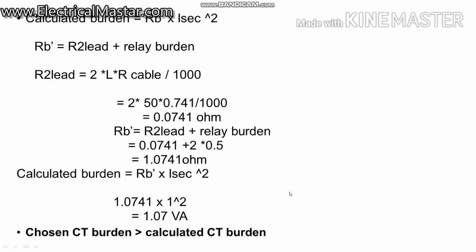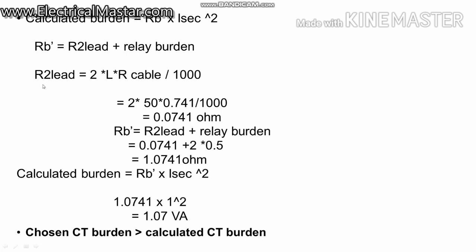So now we will see the formula for how we can calculate the burden. Burden value equals RB dash into I secondary square. RB dash means the calculated burden value, and I secondary means the CT secondary current. RB dash also has a separate formula: R2 lead plus R relay burden. R2 lead means the cable we are connecting, which we need to calculate with a separate formula, and the relay burden is given in the manufacturer details.